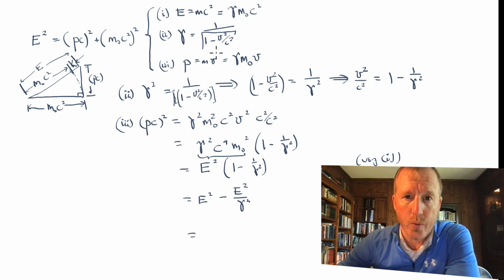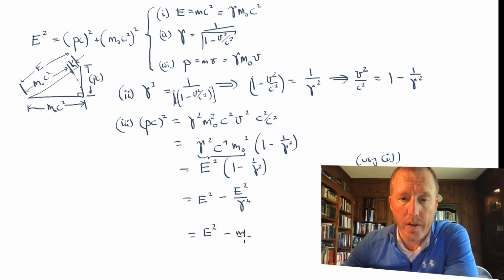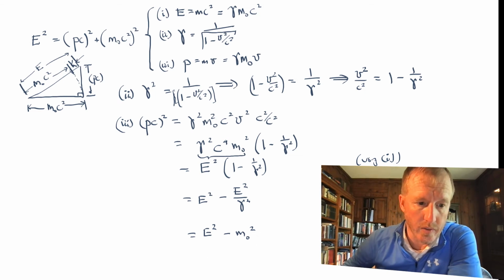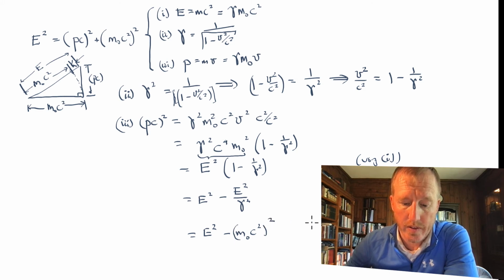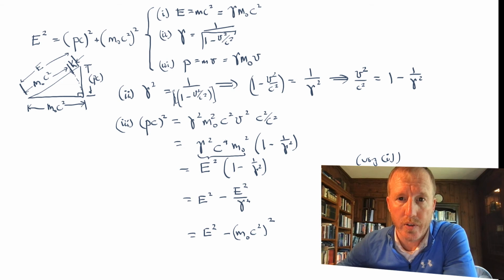And remember, E squared over gamma squared is just going to be (m naught c squared) squared, where we have used equation 1 once again.